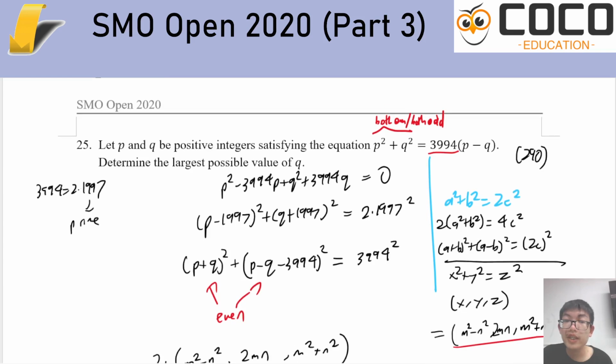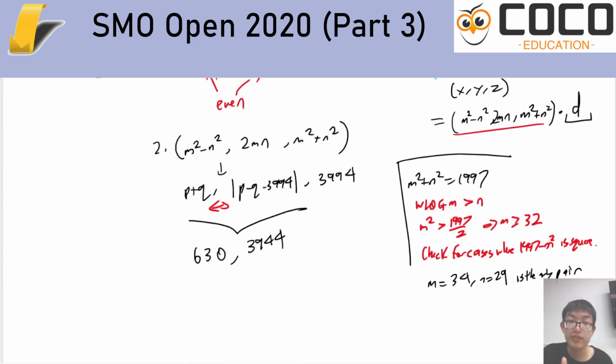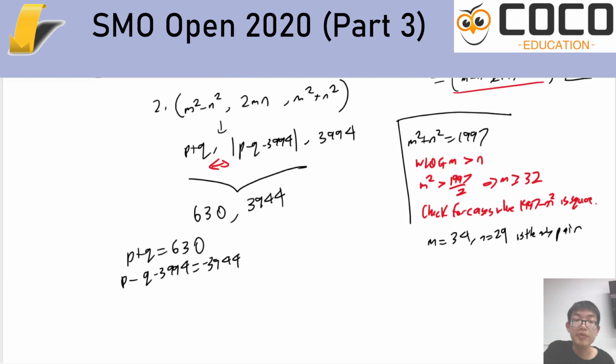So if we are looking at this as my equation, I now have just a couple of cases to check. So P plus Q is 630. P minus Q minus 3994 is negative 3944. Clearly it can't be positive, right? So that much is clear.